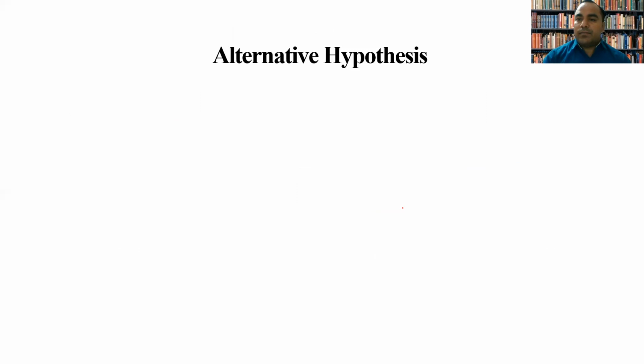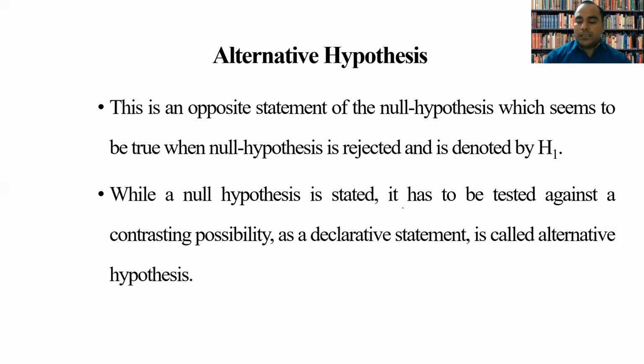Now another type of hypothesis, as we know, is the alternative hypothesis. So alternative hypothesis is an opposite statement of the null hypothesis. Always remember, opposite statement of null hypothesis, which seems to be true when null hypothesis is rejected, and is denoted by H1.